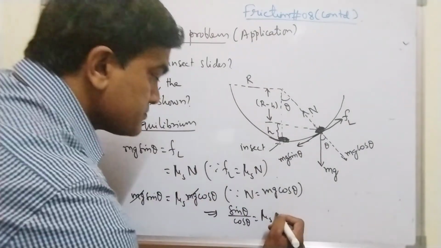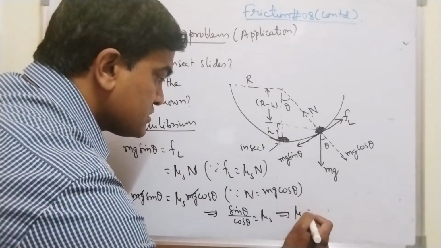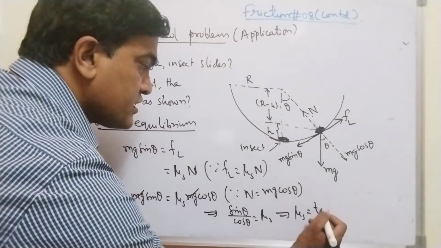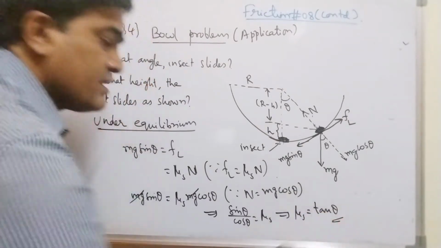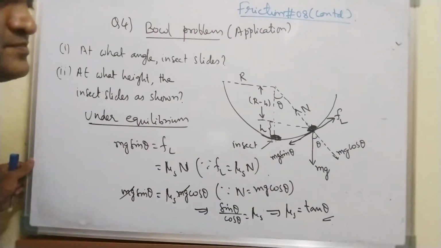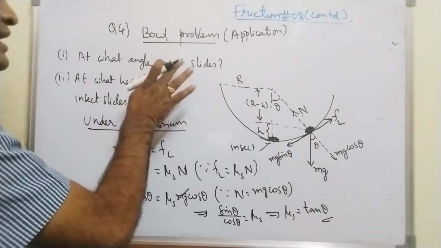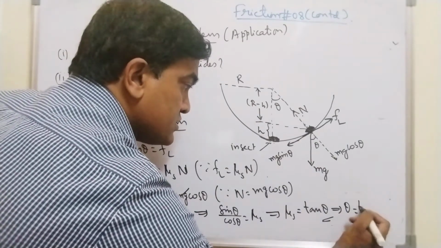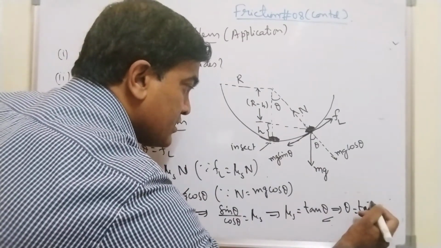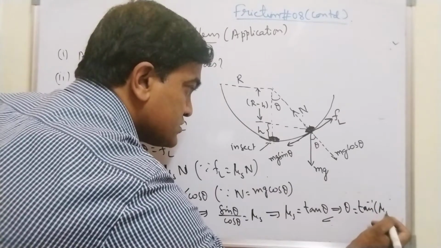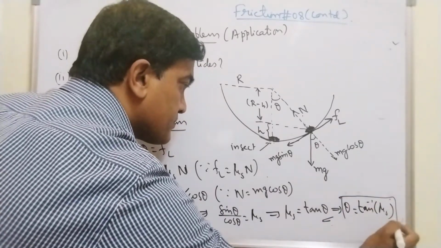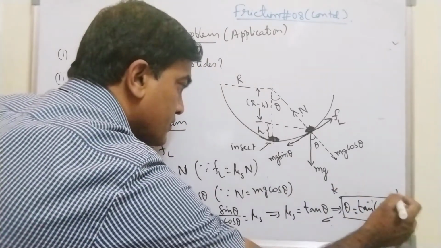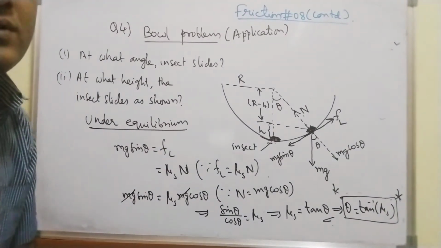Is it not? From this, mu s is equal to sin theta by cos theta, which is tan. But I want theta. What angle does the insect slide at? So from this I can write theta is equal to tan inverse of mu s. Remember this as a standard formula.